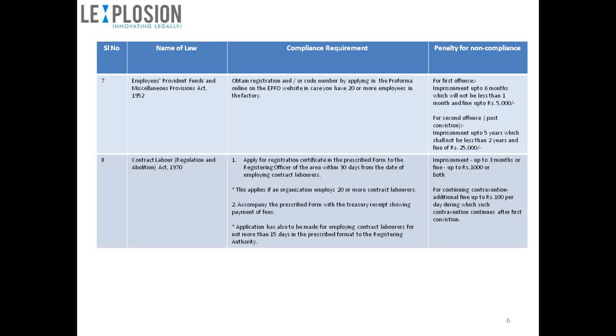So let's go on. We now come to the Interstate Migrant Workmen Regulation of Employment and Conditions of Services Act. Here you need to apply in the prescribed form to the registering officer with applicable fees for the registration of the establishment along with the registry receipt.